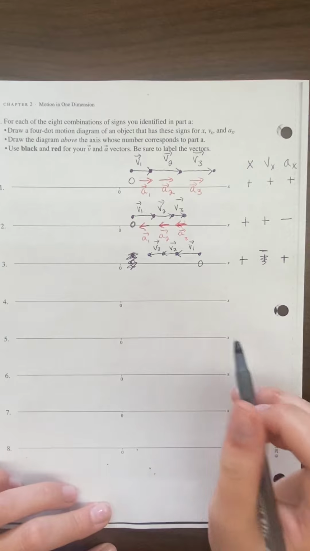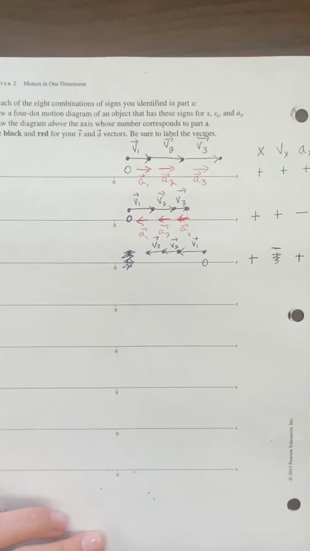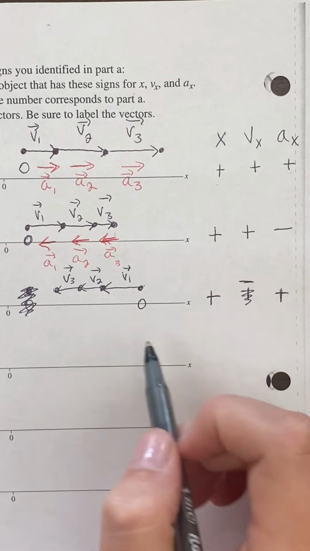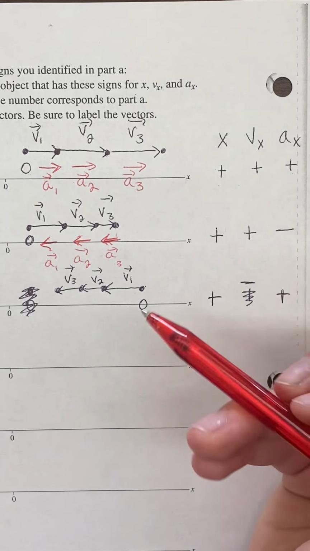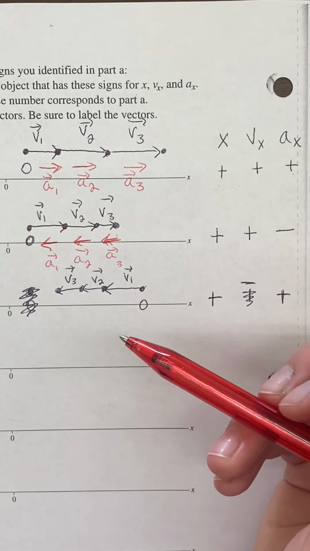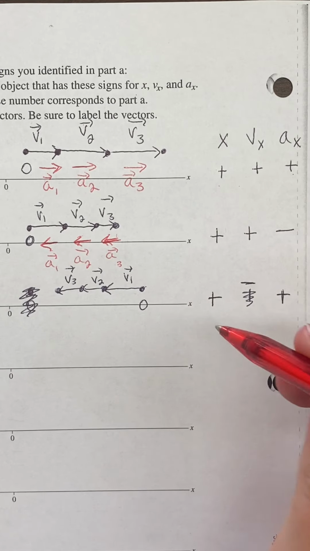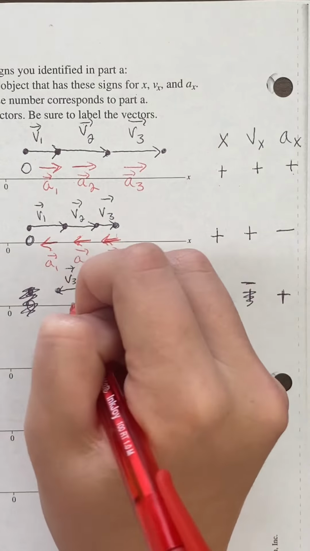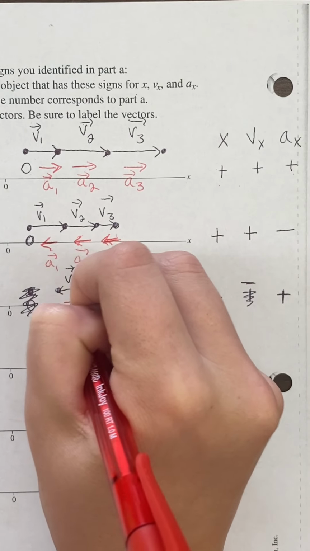Okay, so let me zoom in here. So our velocity vectors point left because it's moving to the left. Our acceleration vectors are going to point to the right.